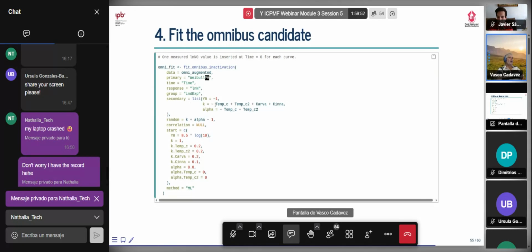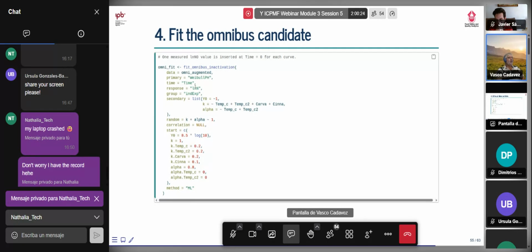So in the secondary model we put the intercept in the epsilon0, and then we are saying that the K and the alpha are affected by these environmental conditions. Okay, so you need to put a random effect also. I will put a random effect on the K and alpha. We can define also the correlation structure. In this case, it is null, just to show. And then the starting values. Starting values are important.